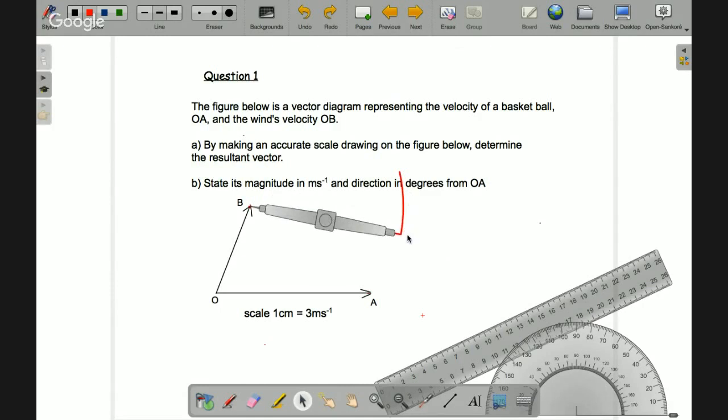And then we're going to do the same thing for this vector OB. We're going to project this OB vector onto the tip of A. Using the compass again, we need to basically decrease the compass to the length of the line.